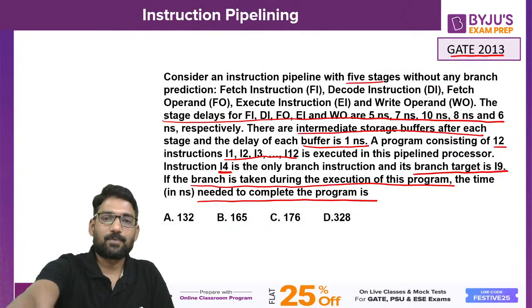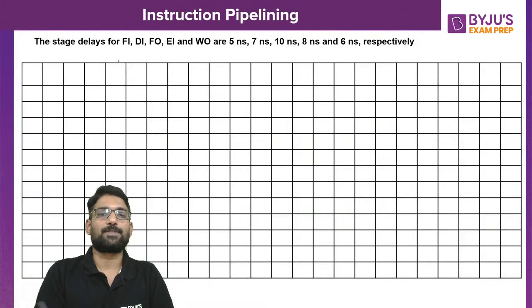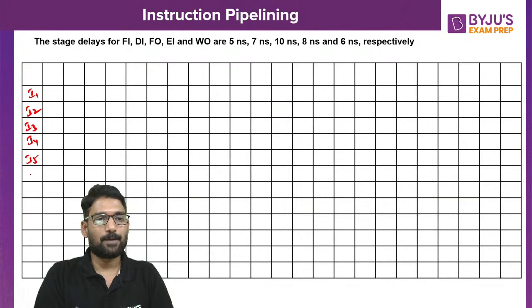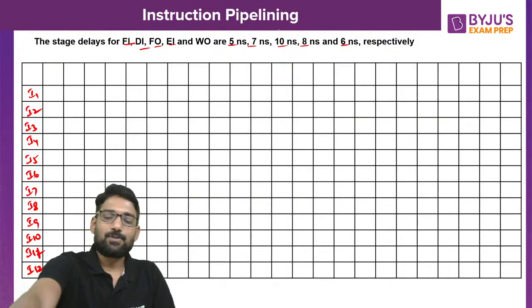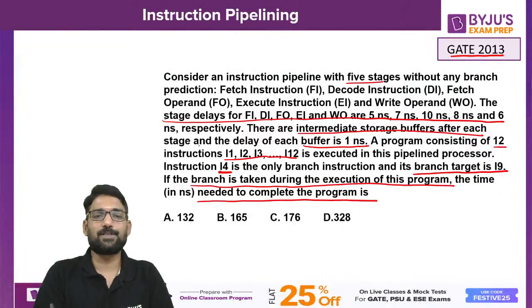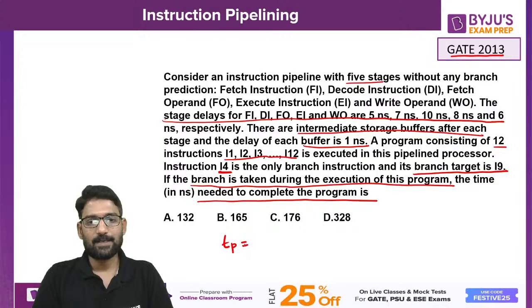Okay, now let us see. We have instructions I1, I2, I3, I4, I5 to I12. Now every instruction is taking some stage delays and interstage delay. So whenever we have stage delay and interstage delay, how do we calculate the pipeline time t?